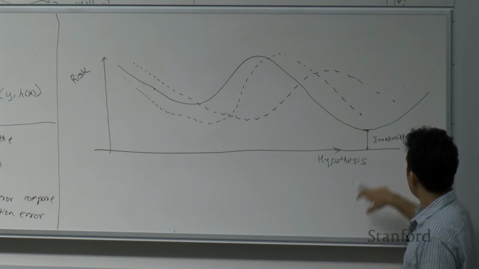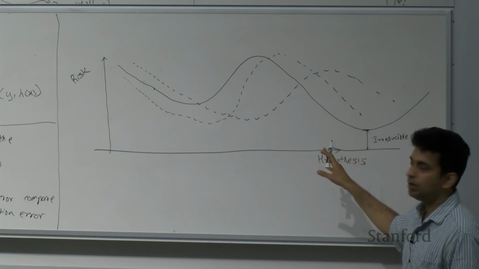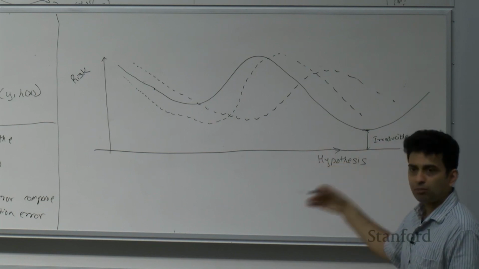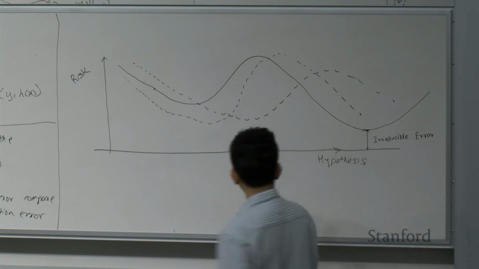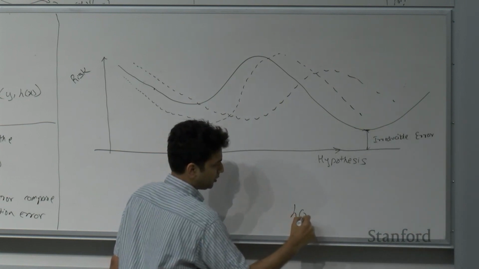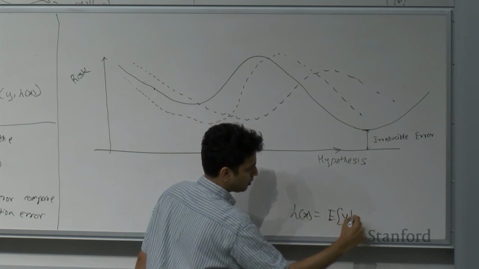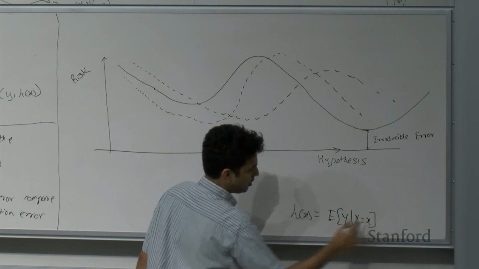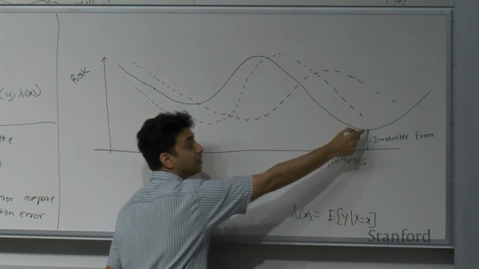So the question is, how do we know that the irreducible error can be reached by some model? By definition, if you use non-parametric models and you have the model h of x equals expectation of y given x equals x, this function will give you this.